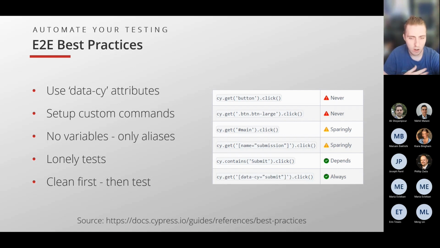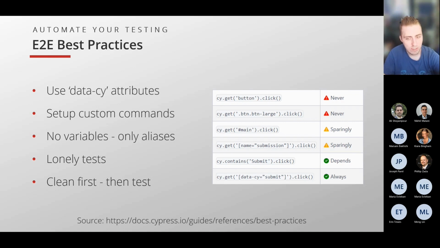Variables also don't work in Cypress. So if you have a const, a let, or a var for a variable, it doesn't actually persist throughout the test, because this is running in a headless system. So instead, you want to be using Cypress, so cy.get and get whatever you're trying to find, and then you use .as and you give it a name.